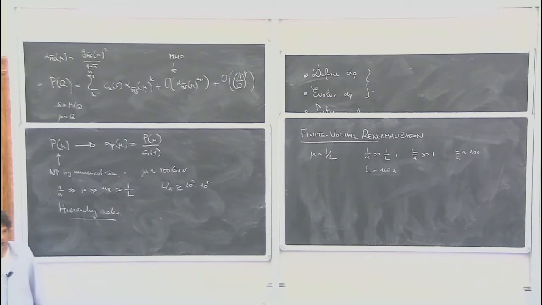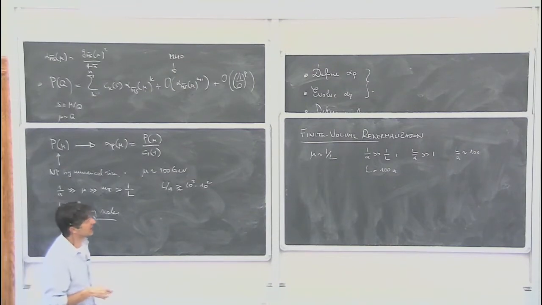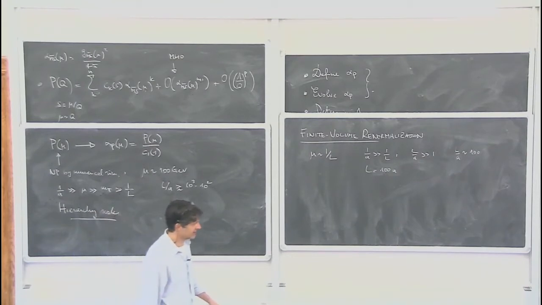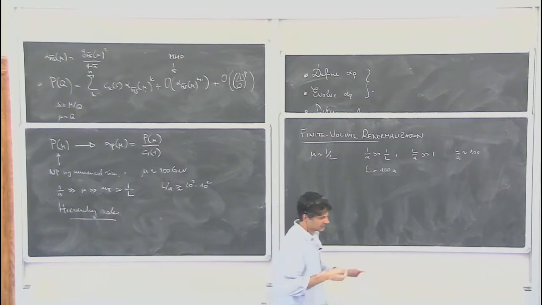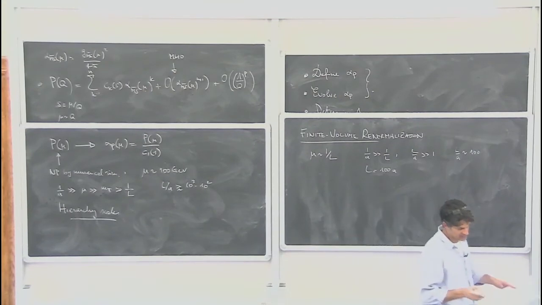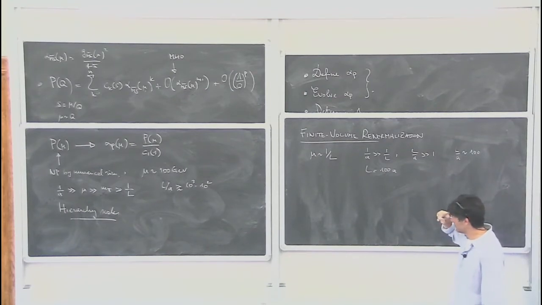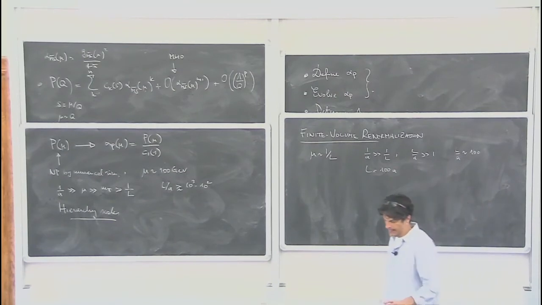Perturbation theory in a finite box with periodic boundary conditions has pathologies, because of the zero modes in the box, you end up with an expansion which is non-analytical in alpha. We don't have time to get into the details of that, but you don't want to use periodic boundary conditions.